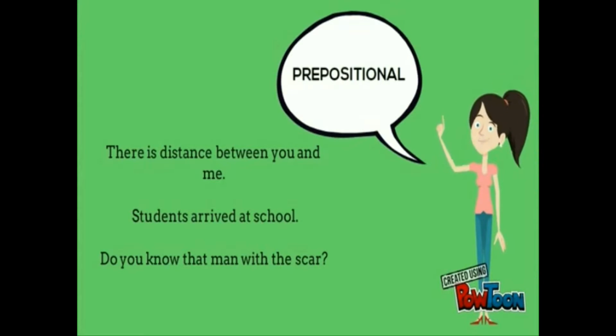Next, the student arrives at school. At school is a prepositional phrase. Next, do you know that man with the scar? With the scar, it is a prepositional phrase because it functions like an adverb and object.